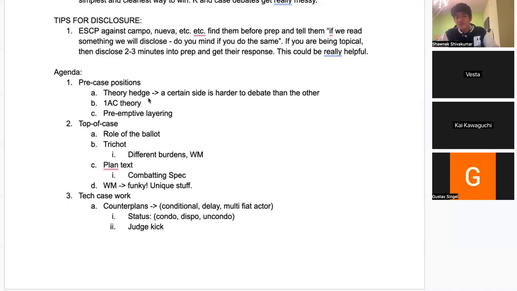These are really stupid shells, and they can usually very easily be won. If you know how to respond to theory, go over the standards, go over the voters, and read an RBI on 1SC theory, because it's usually stupidly ridiculous.